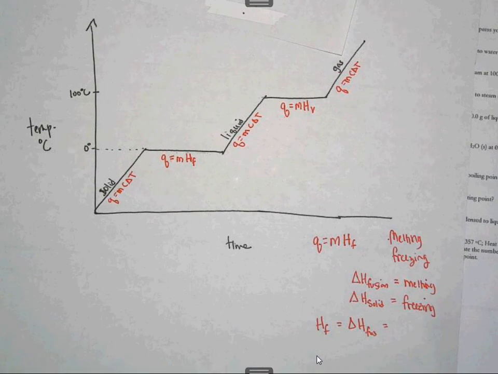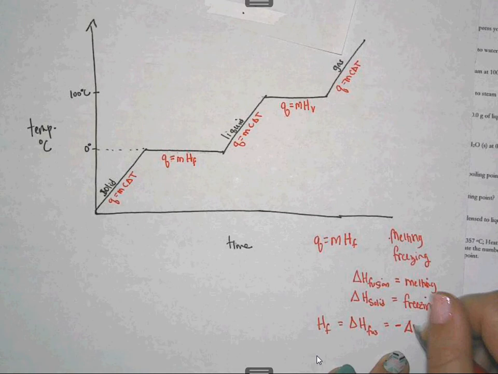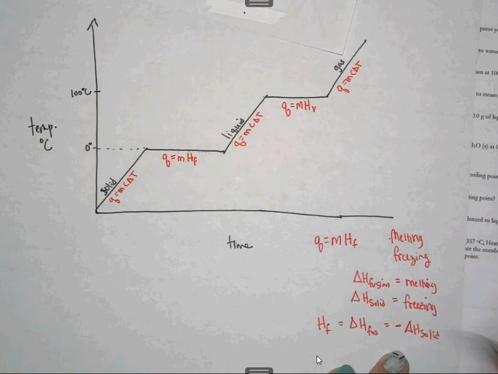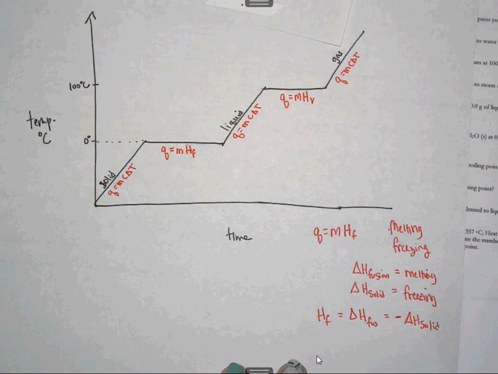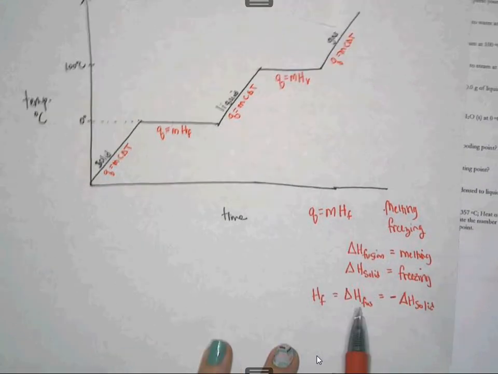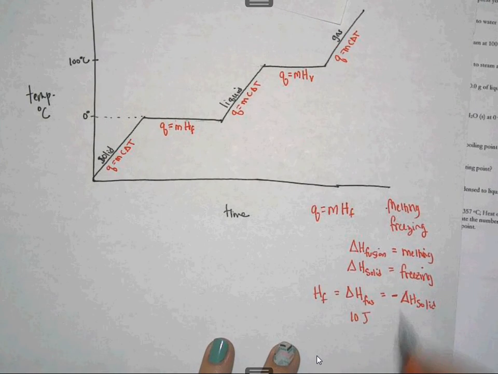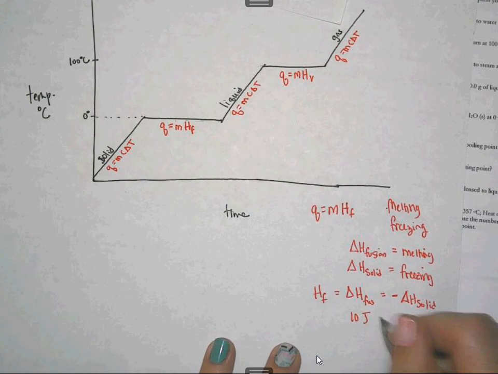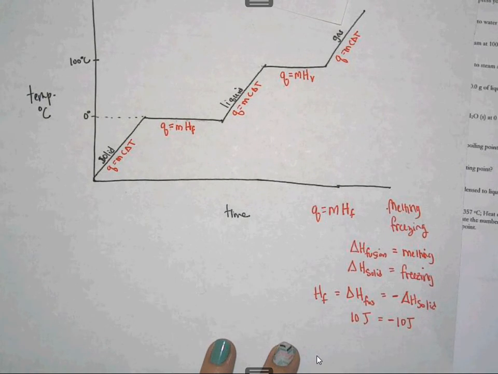Is that nice and confusing to you? You also have in your notes, if you go back and look at those, delta H solid. What that stands for is freezing, solidification. Which makes sense that when something freezes, it solidifies, it becomes a solid.